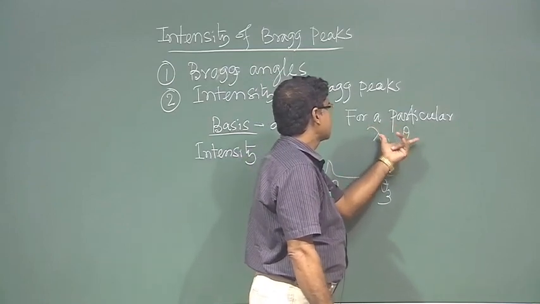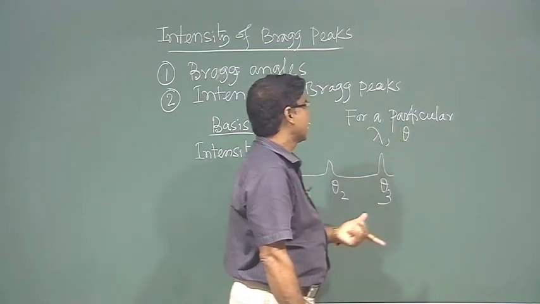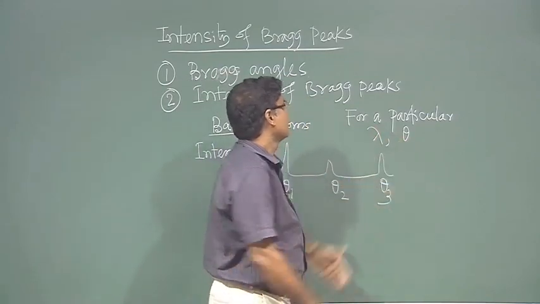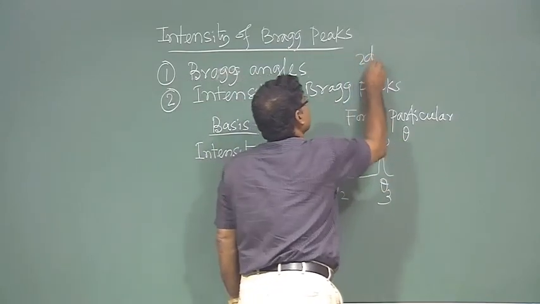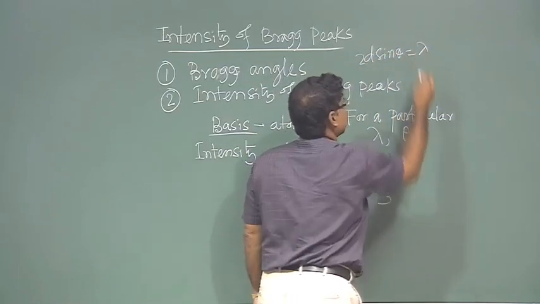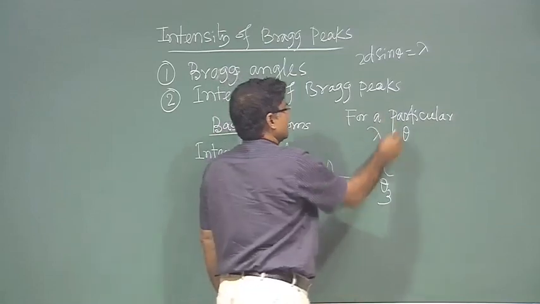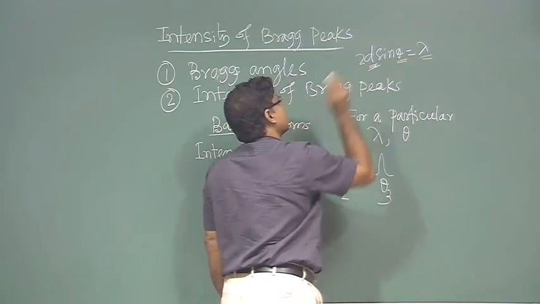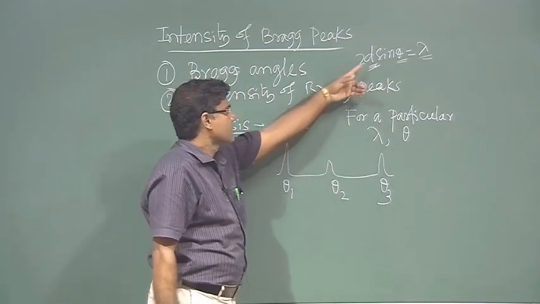So what else is left? 2d sin theta equal to n lambda, say equal to lambda. So, 2d sin theta equal to lambda or n lambda. For a particular lambda and particular theta, d is left.